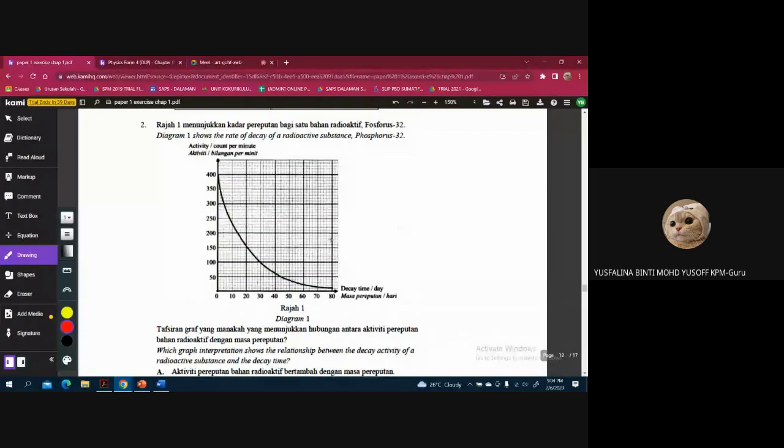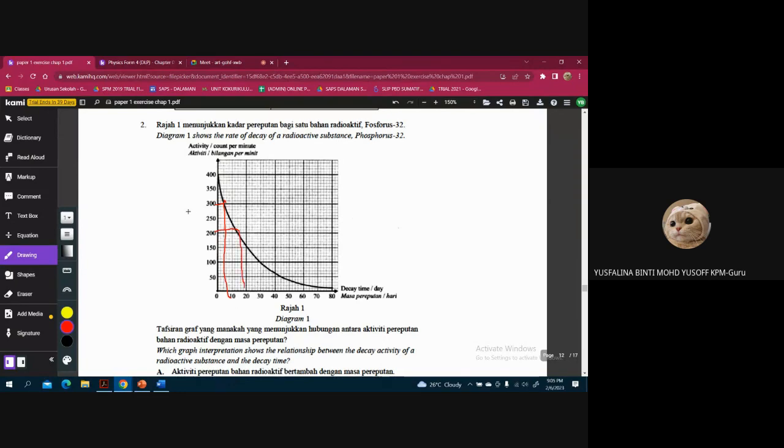The first thing is 400. So let's say if I put 300. During 400, the decay time is 0, because it's not starting yet. Let's say if I say 300, then it's around 2, 4, 6, 8 days. 8 days. If I take 200, then it becomes 14 days.